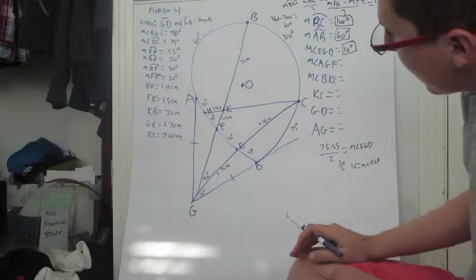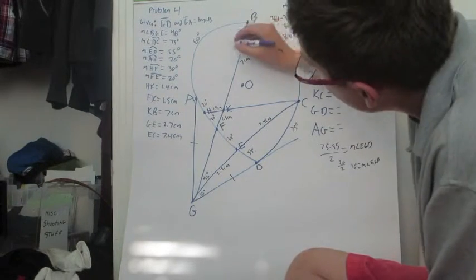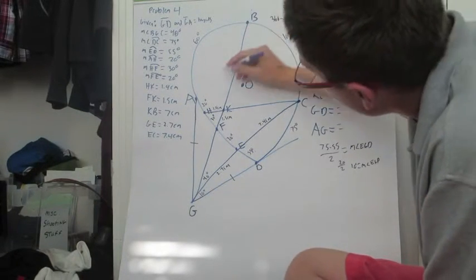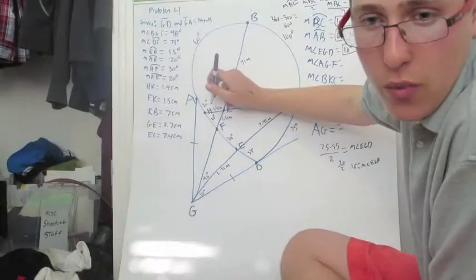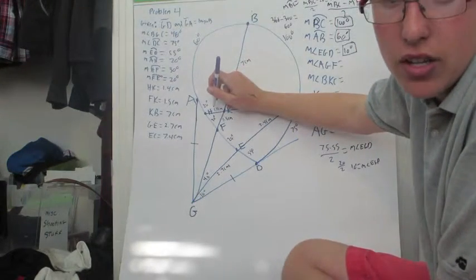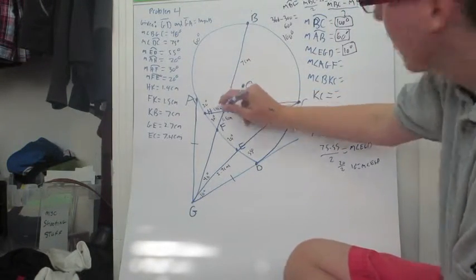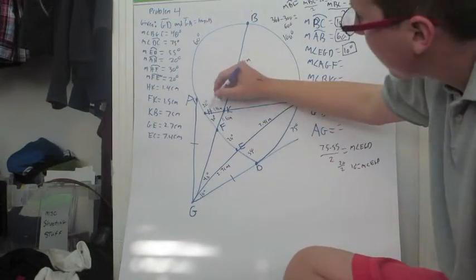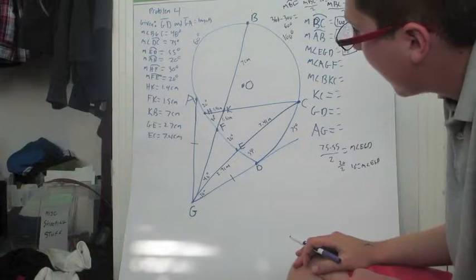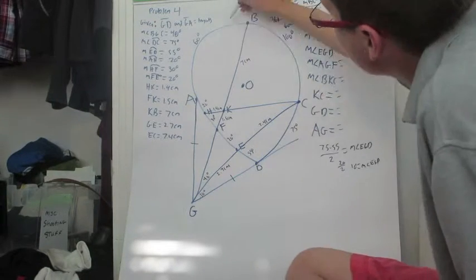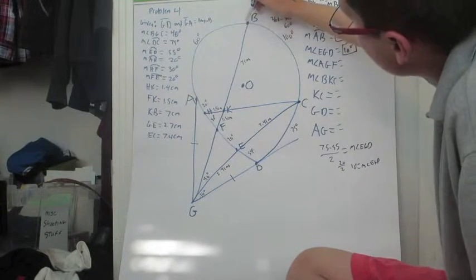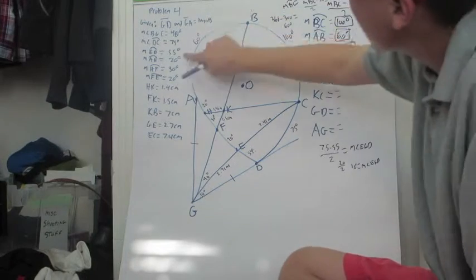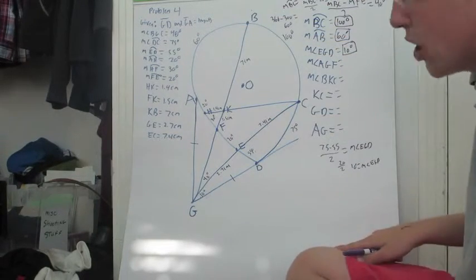So what we do is we'd use this part of the circle right here. We'd use this smaller segment, which is 50 degrees, and we'd use this larger part on the outside.